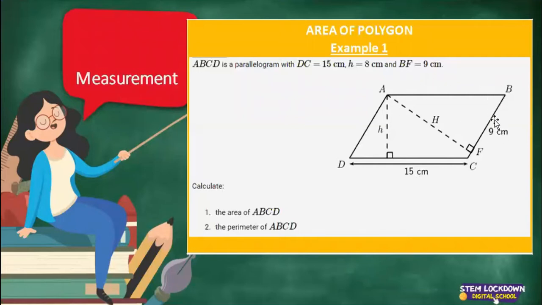With ABF, BF is 9 centimeters, and we know that AB is 15 centimeters. So let's find our side AF.